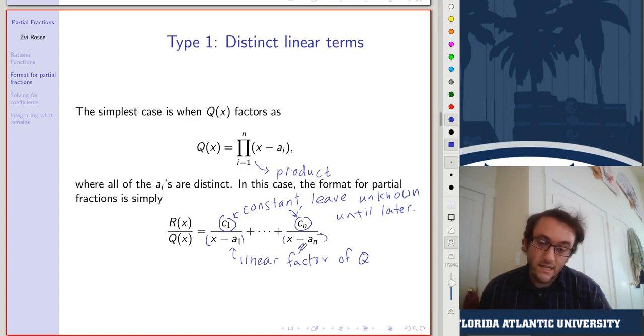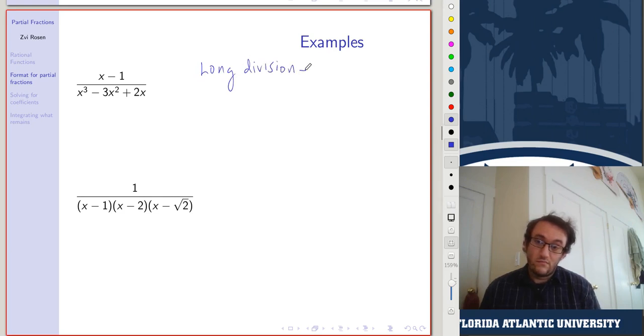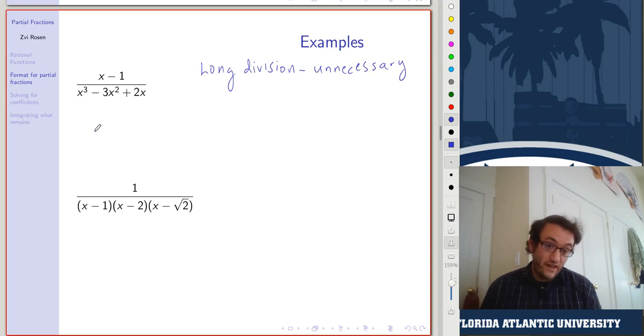Okay, let's see an example of this. So the first example is x minus 1 over x cubed minus 3x squared plus 2x. So the degree of the numerator is less than the degree of the denominator, so long division is not necessary here. Okay, as for the denominator, we want to factor that. We notice that there's a factor of x that we can pull out from the front.